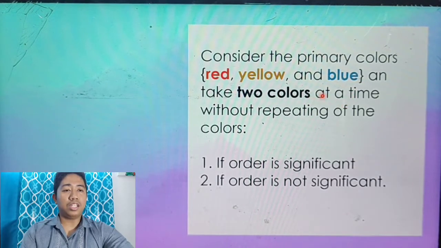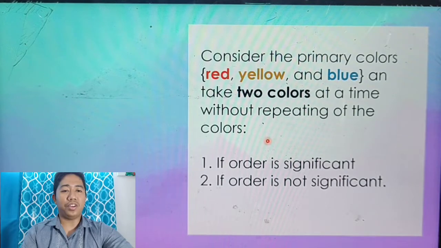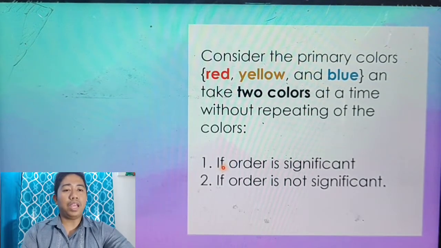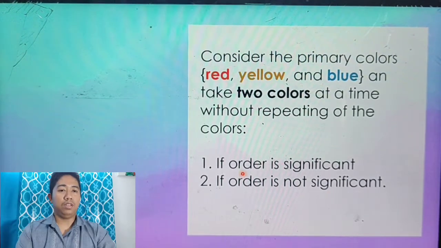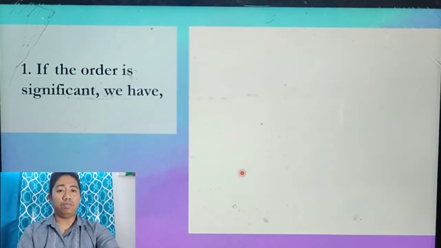So you will be mixing two colors, taking two colors at a time without repetition. The given condition is: if you pick two colors, when order is significant and when order is not significant. To solve this problem, here are the different solutions.